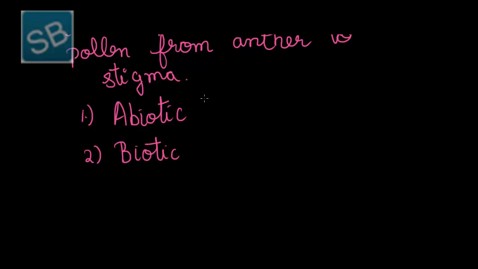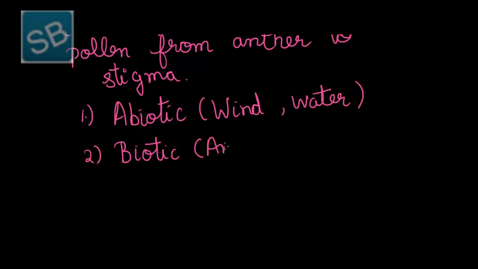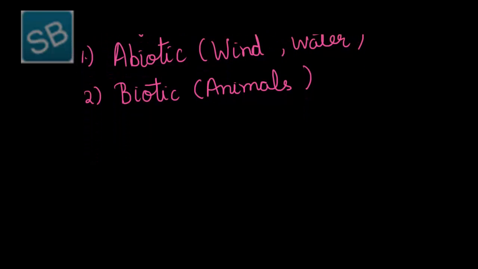Abiotic agents include wind and water, like natural resources, and biotic agents include animals, which can include birds or insects. Plants mostly pollinate with the help of biotic agents.